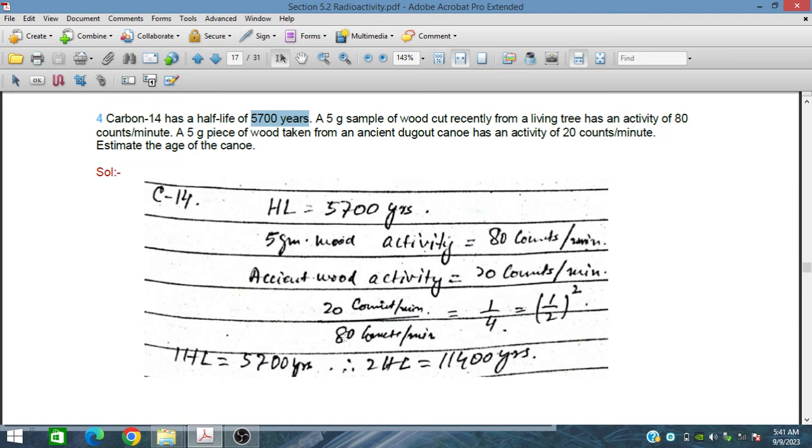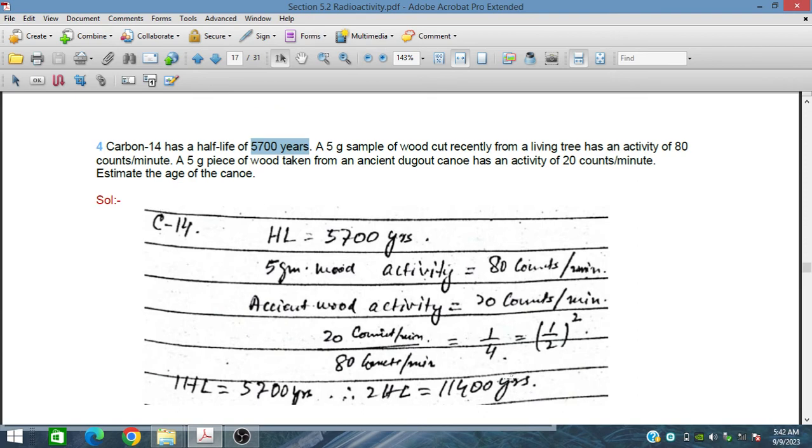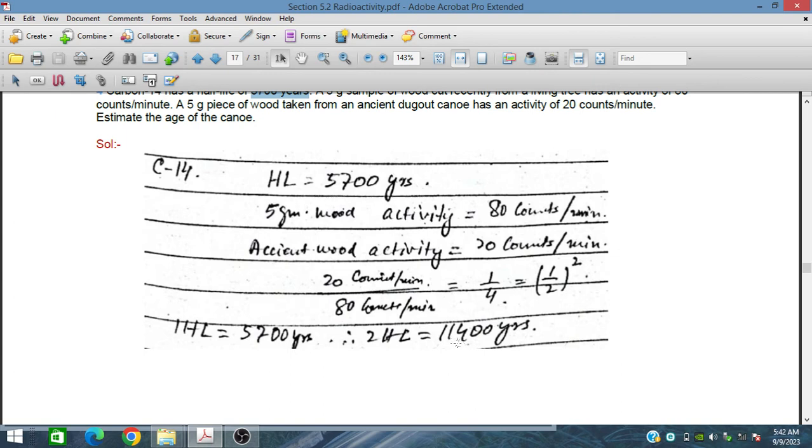So 20 counts per minute divided by 80 counts per minute is equal to 1/4, which is 1/2 to the power 2. One half-life is 5700 years, so two half-lives is 11,400 years. So the age of the canoe is 11,400 years.